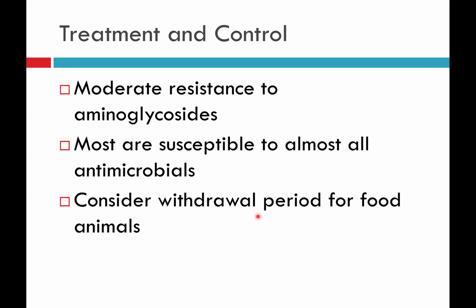And this is always emphasized, especially in poultry or in swine production. If you're giving antibiotics, you need to practice the withdrawal period, meaning that you have to allow a certain time to pass before you slaughter the animal after giving the antibiotic, because the antibiotic can remain in the tissues or in the muscles.